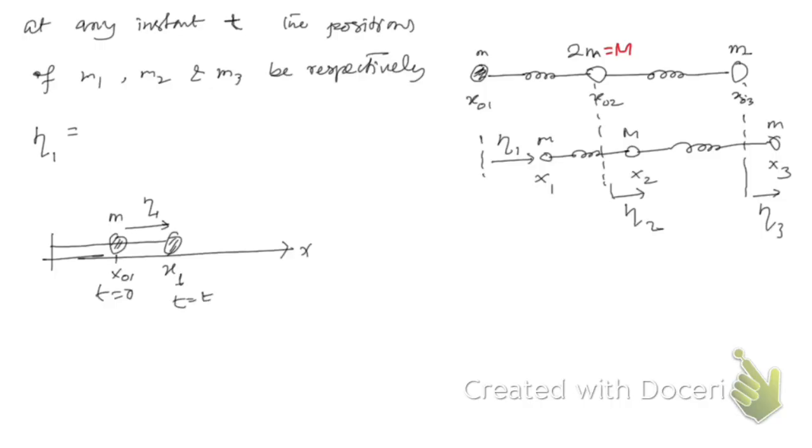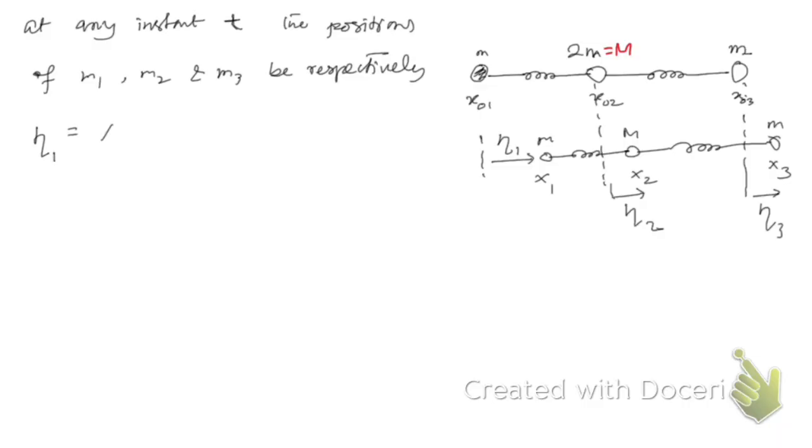So eta 1 will be given by x1 minus x0,1, right? Hope you have understood this. Similarly, eta 2 is equal to x2 minus x0,2, and eta 3 is x3 minus x0,3.